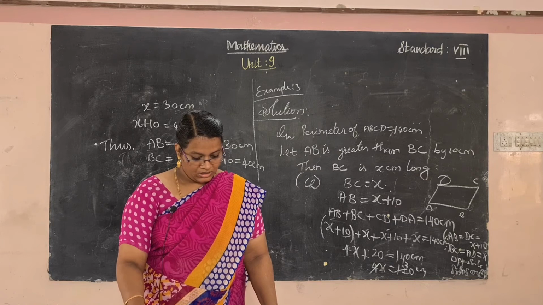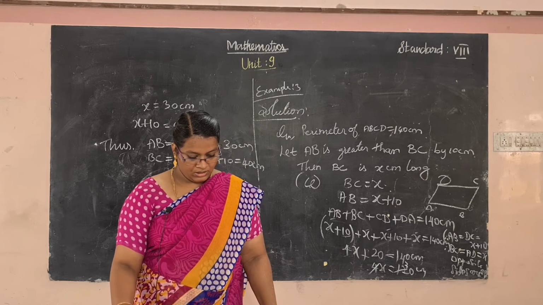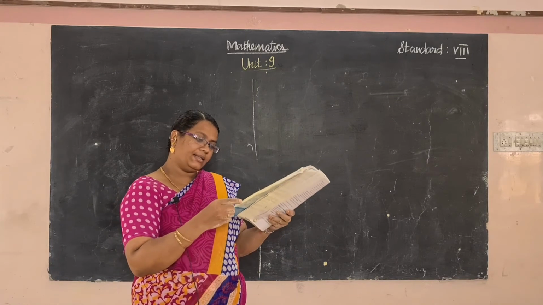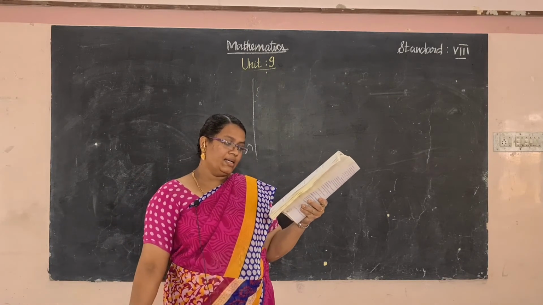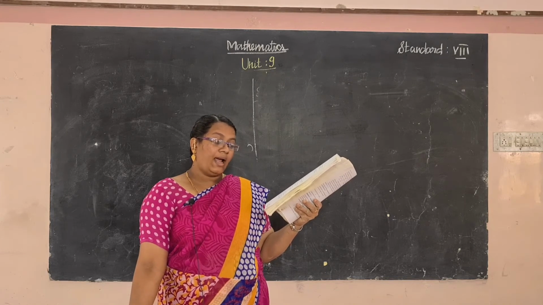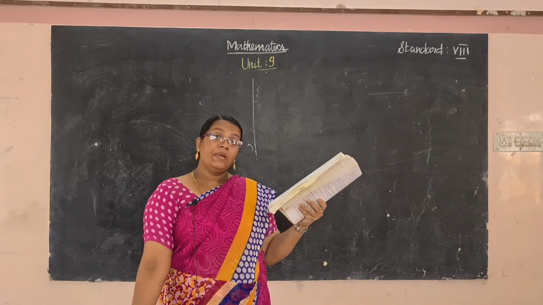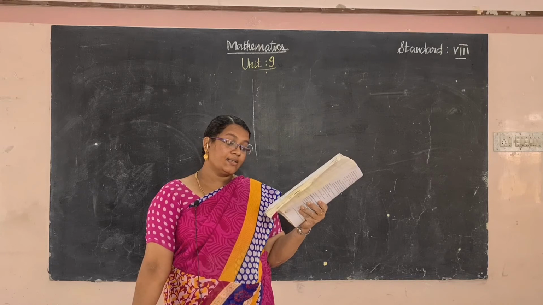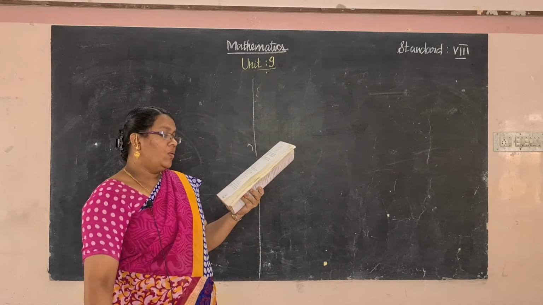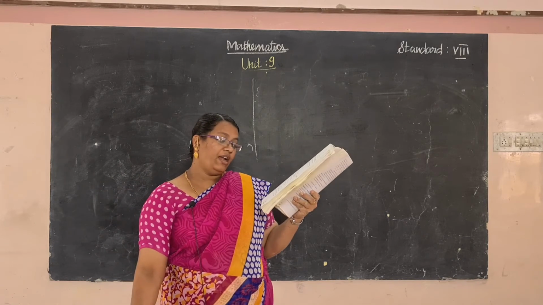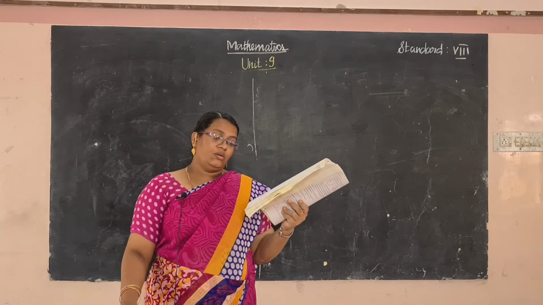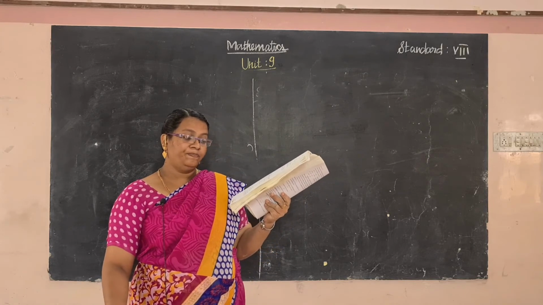Next, the fourth one. The diagonals of a rectangle PQRS intersect each other at O. If angle POS is equal to 40 degrees, find the other two angles. Okay, so what data is given?